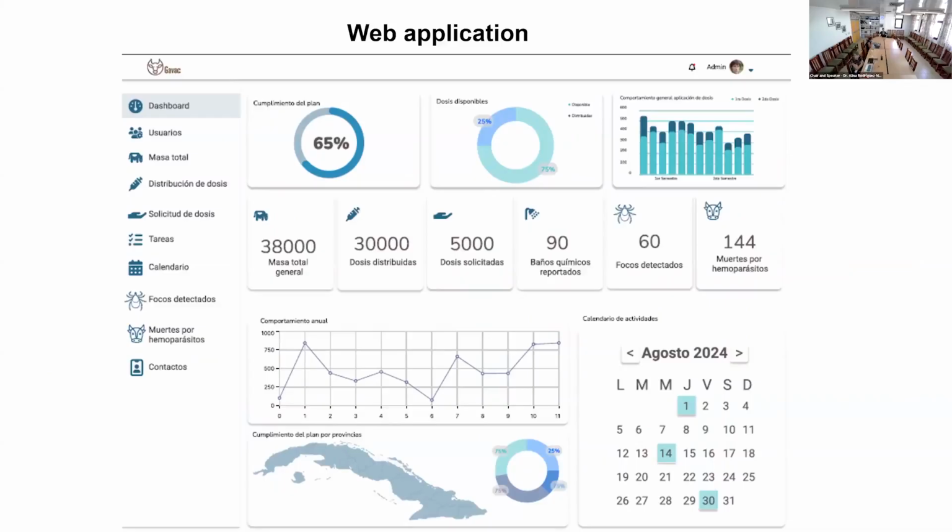And managers and decision makers from the web app can visualize in real time all the data in automatic reports to get an idea of how the program is doing.